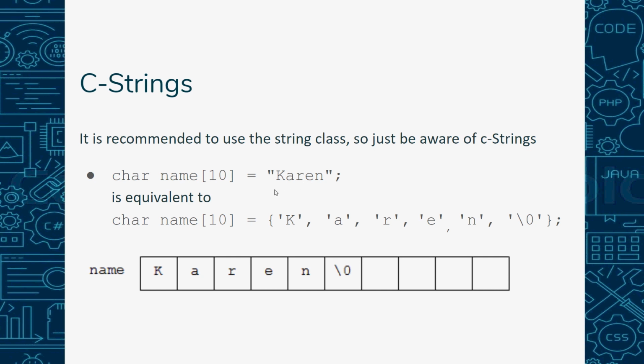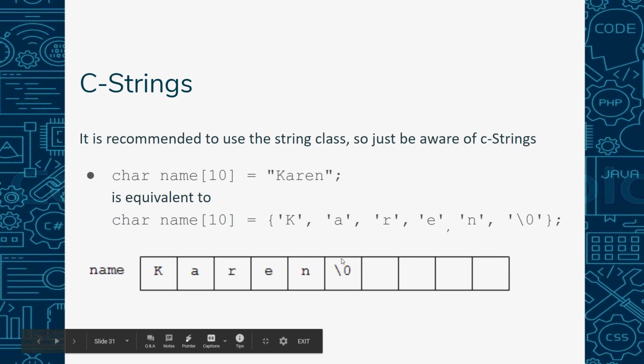Actually, it has to be one larger at least, because a character array by default has this null terminator to tell it when it ends. So if I wanted to figure out the length of this, or size this, I have to leave one extra space in there for that null terminator, because that's how C strings end, with these null terminators.